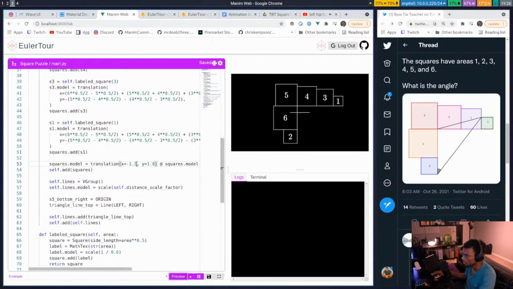And move it to the left some. Great. Okay, so pretty much back where I was on this.